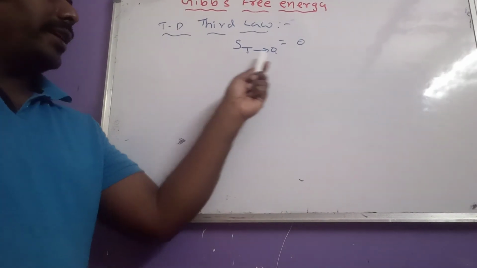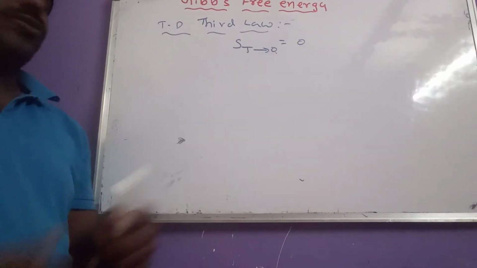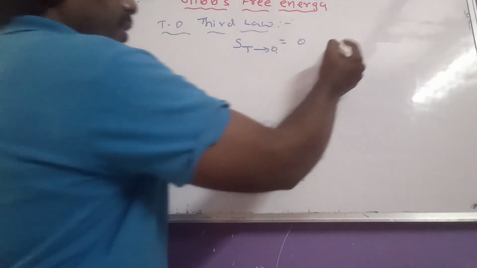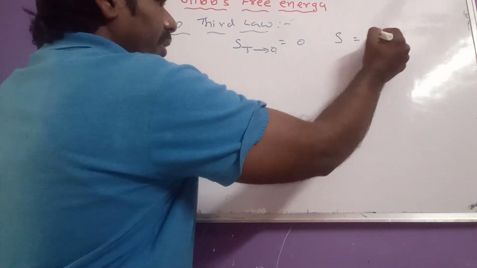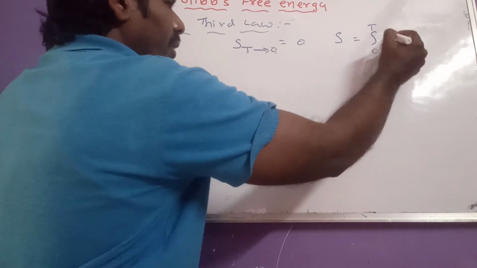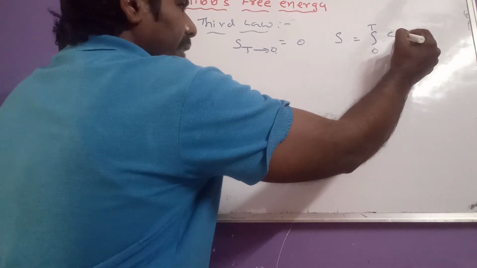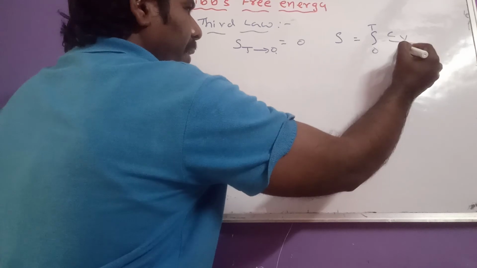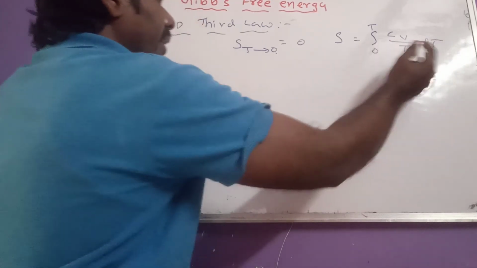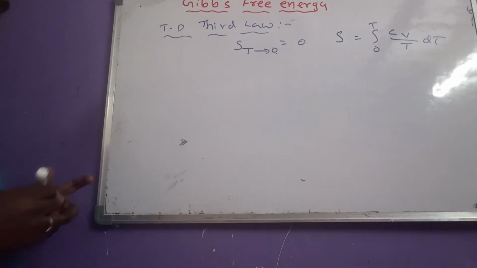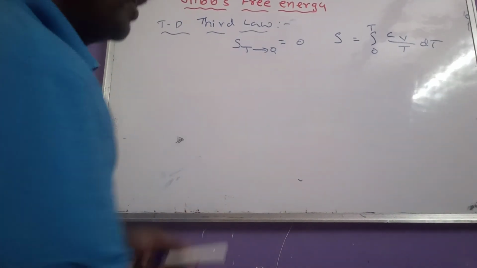So S at T tending to 0 equals 0. Or S can be calculated as the integral from 0 to T of Cv by T into dT. This is the equation to calculate absolute entropy.